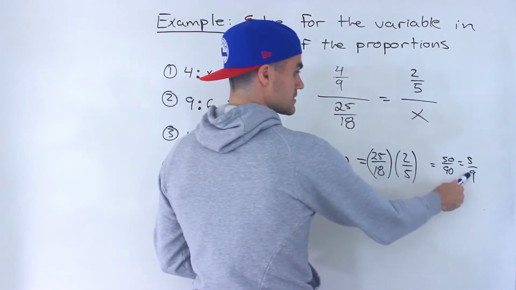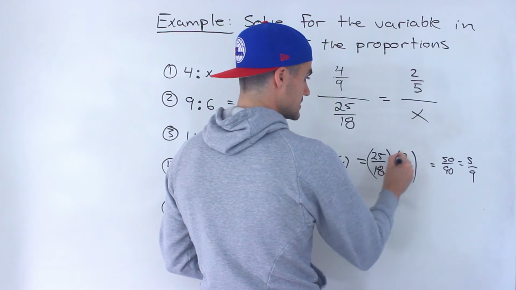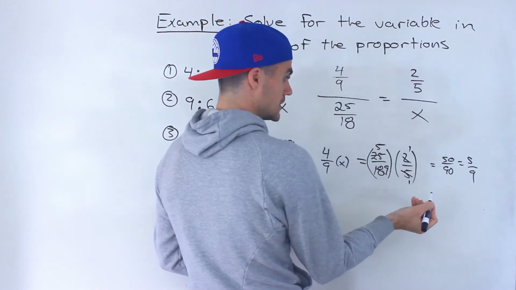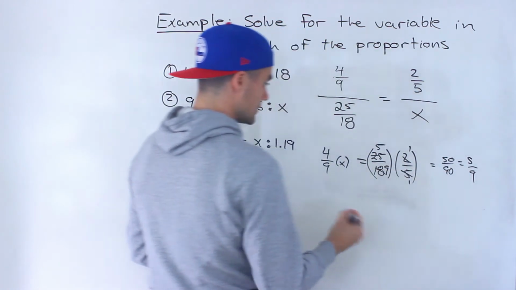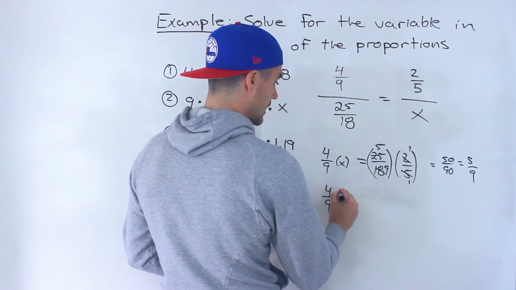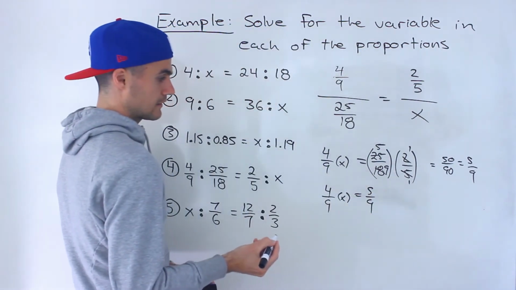Right, when we multiply these, it would simplify to 5 over 9. Another thing you could have done is notice that 2 goes into 18 9 times, and then this 5 goes into 25 5 times. So we'd end up with that 5 over 9. So we end up with 4 over 9 x is equal to 5 over 9, like that.